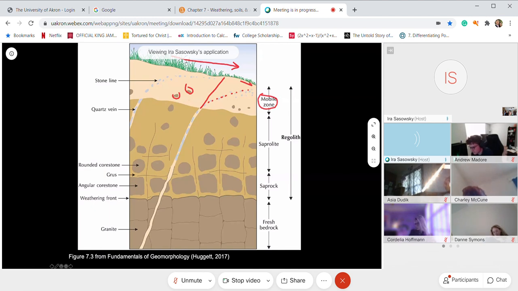The arrows are shorter. We'll talk more about that as we go on, but in both of these instances, we see this sort of bending downhill as the material is transported.